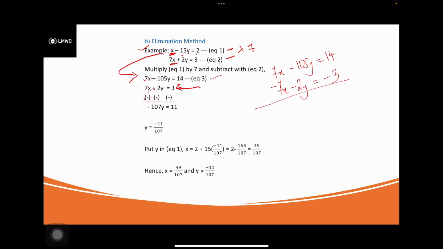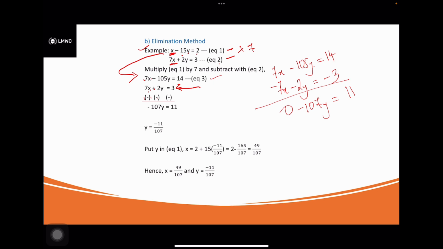So 0 times x is 0. Similarly, y and y are like terms, so negative and negative you add, so it will be minus 107y, which equals plus 14 and minus 3. You do the subtraction, so therefore it will be positive 11.